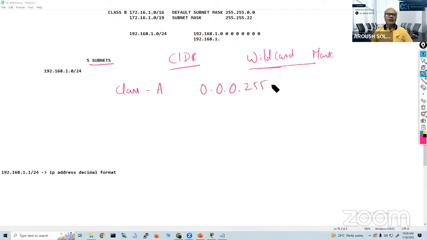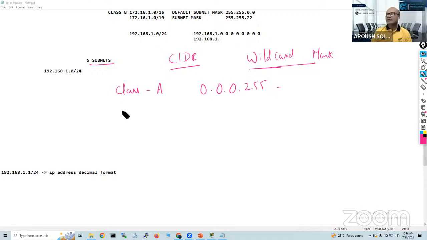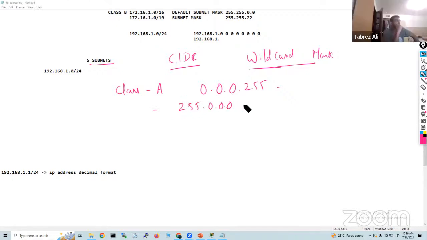Okay, so Tabriz, you tell me how it has come. Because it's like a reversible IP, right? First understand. So this is my class A. What is the default subnet mask for this? 255.0.0.0. Correct?